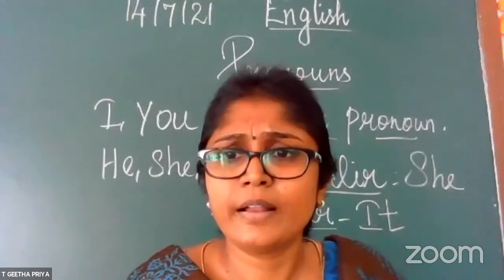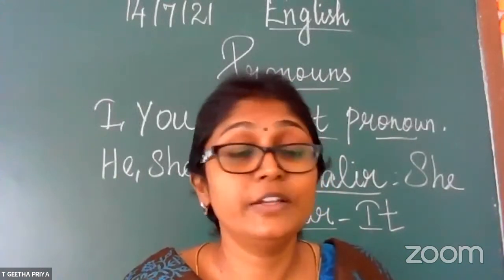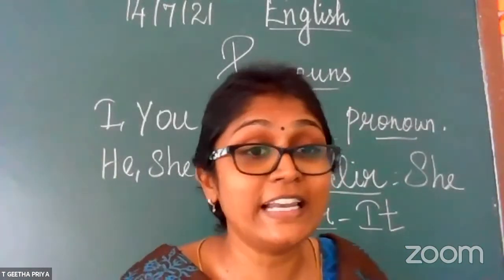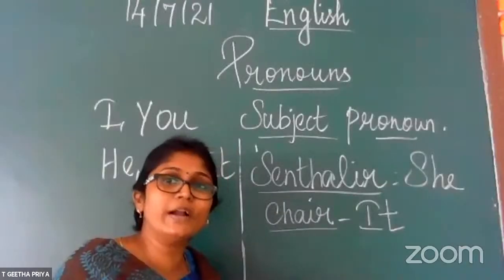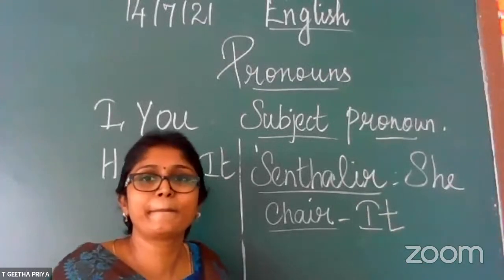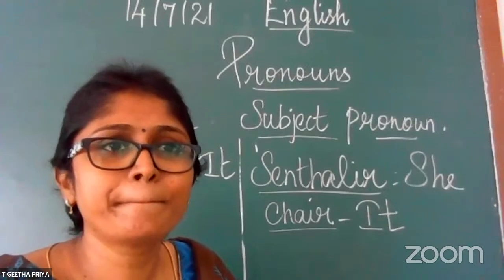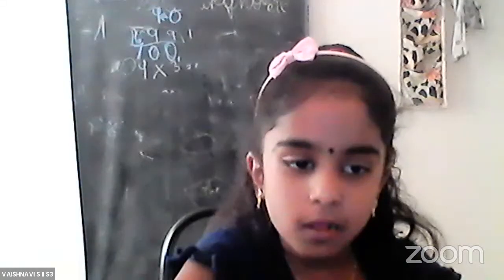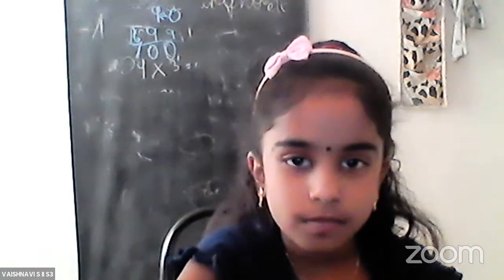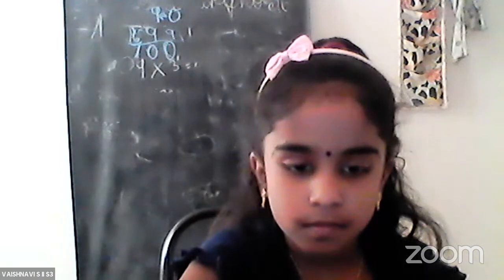Only one chair. You did not get my question clearly. How can we change the singular naming word into plural naming word? Yes, Vaishnavi? Yes, ma'am. Adding s. Adding s or es. Okay, fine. We have learned adding s and es. Isn't it?